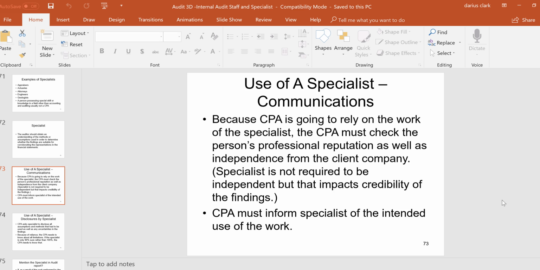Now on the exam, the specialist is not required to be independent, but it would impact the credibility. If we happen to have a specialist that's not independent, we want to know that because that's going to impact the credibility of the findings. And of course, we should inform the specialist why we're hiring her. We need you to come down and check out some diamonds and see if they're real or fake. So we inform the specialist of the intended use of the work.